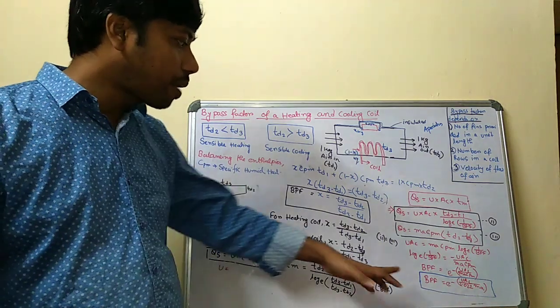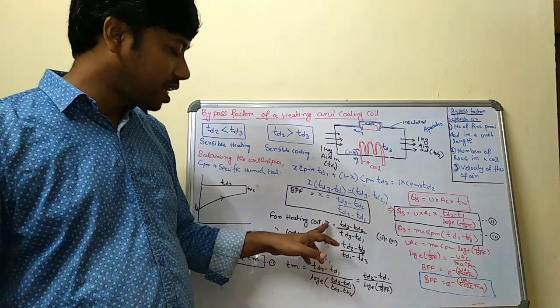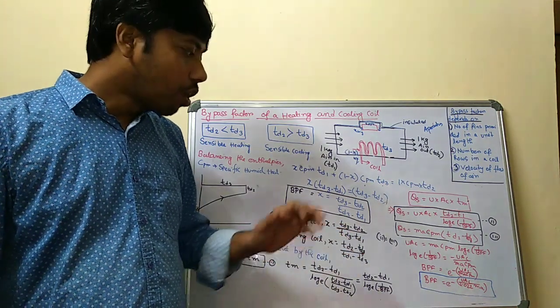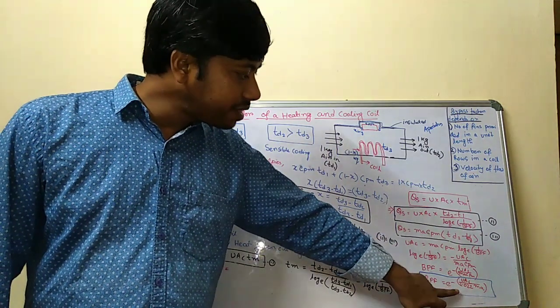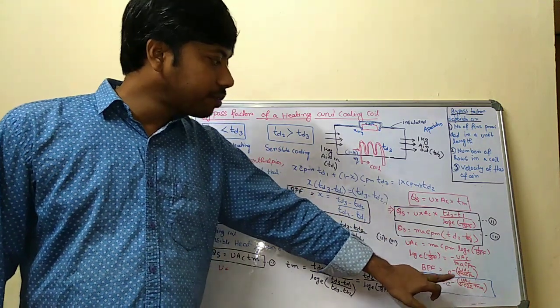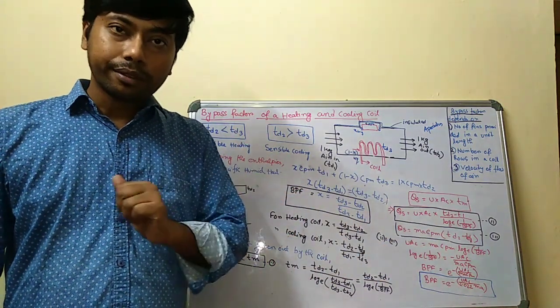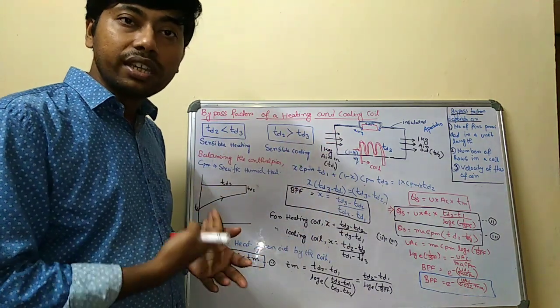So this is the expression for bypass factor. Bypass factor for heating coil you can calculate easily by (Td2 minus Td1) divided by (Td3 minus Td1), or you can also calculate it in this manner, e to the power minus UAC divided by 1.022 into Ma. So this is the bypass factor for heating coil as well as cooling coil.